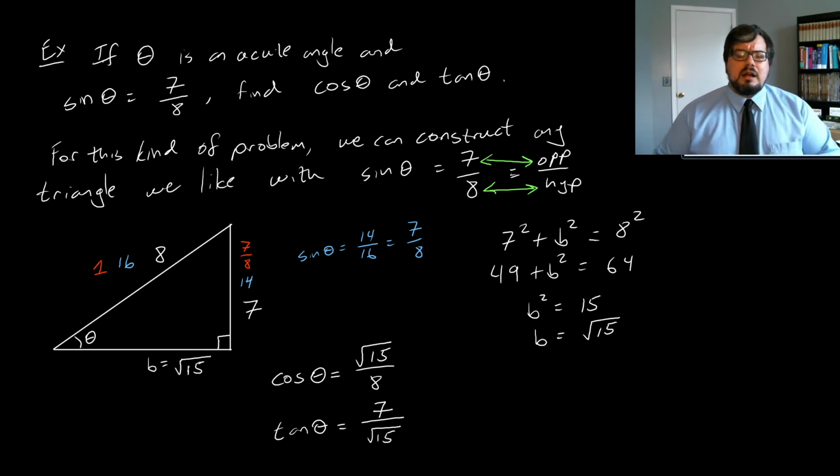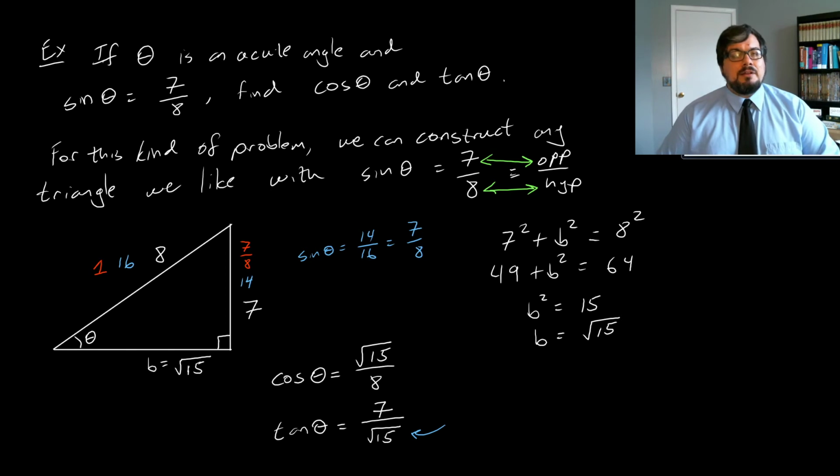Little point here: a lot of times you will see in textbooks or other places where you can learn trigonometry that we would want to what's called rationalize the denominator, which means to get a different form of this answer, 7 over square root of 15, that doesn't have a square root in the denominator.